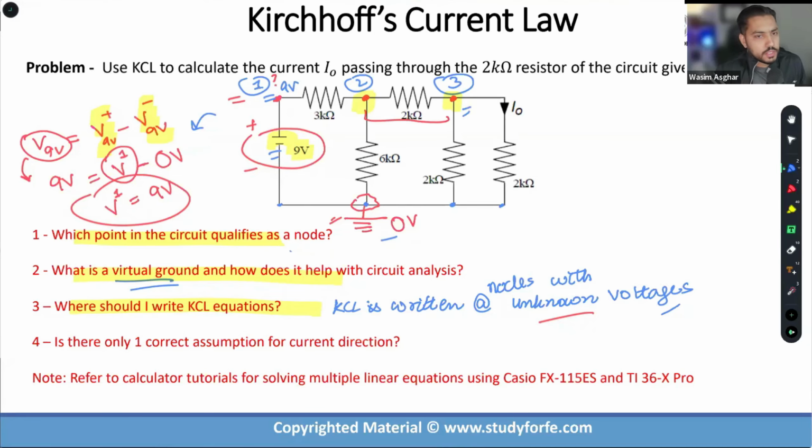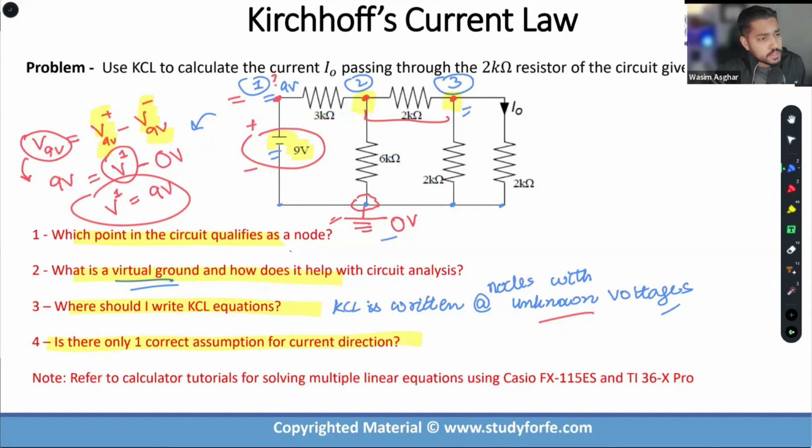I cannot tell you what the voltage at point 3 is, which basically means that I need to do a KCL. I need to write equations over there. Okay. And the fourth step, probably the most confusing step over here, is what directions should I assume for the current?